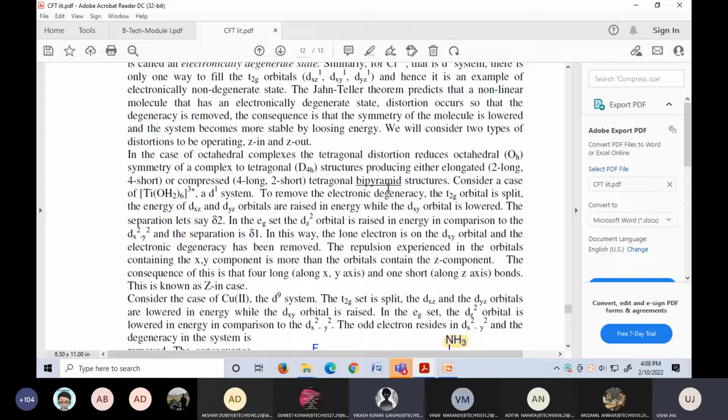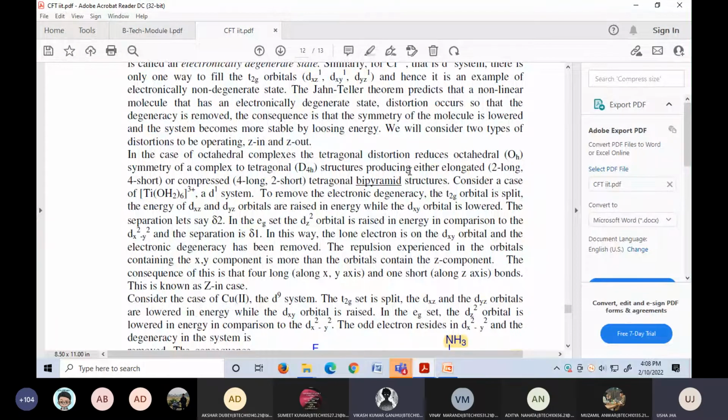So we say that the octahedral structure gets tetragonally distorted. In case of octahedral complexes, the tetragonal distortion reduces the octahedral symmetry of a complex to tetragonal structures, producing either an elongated or compressed tetragonal bipyramidal structure.